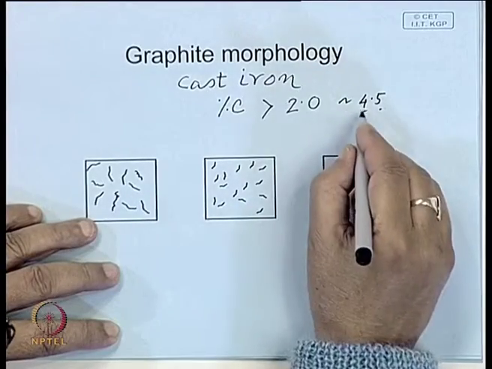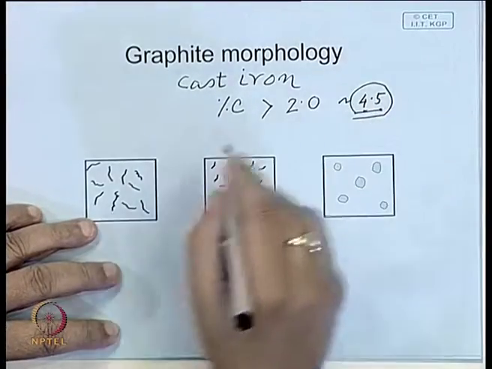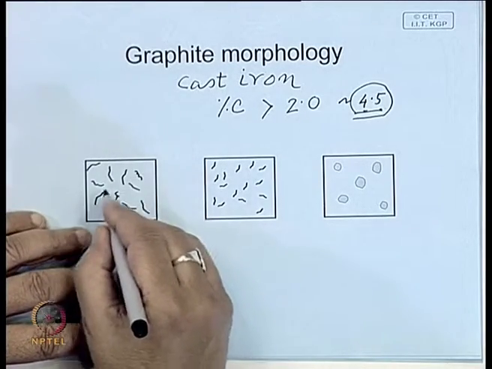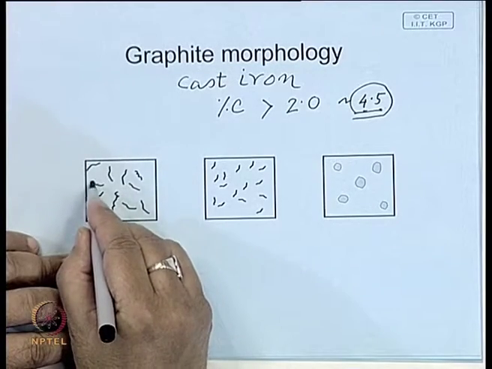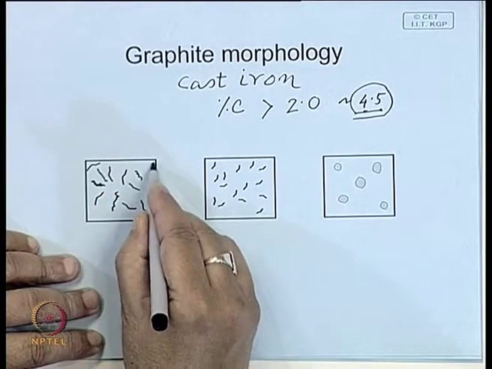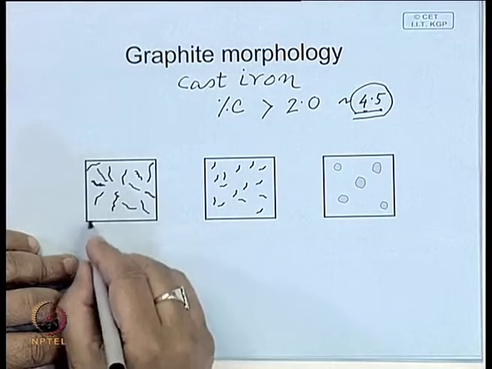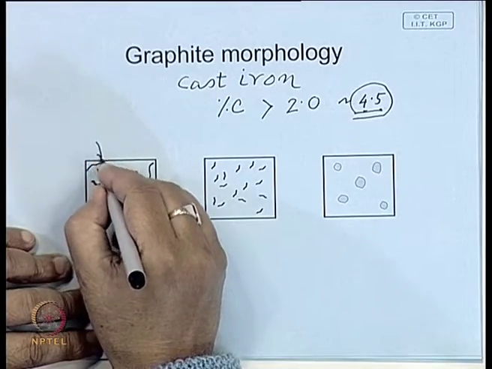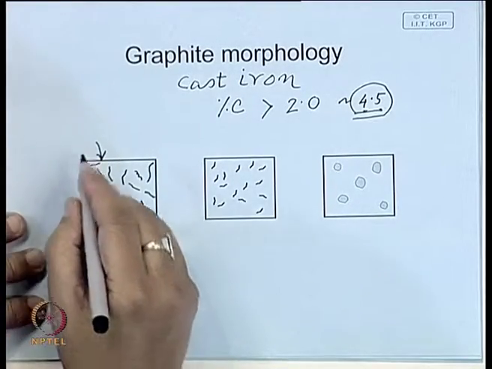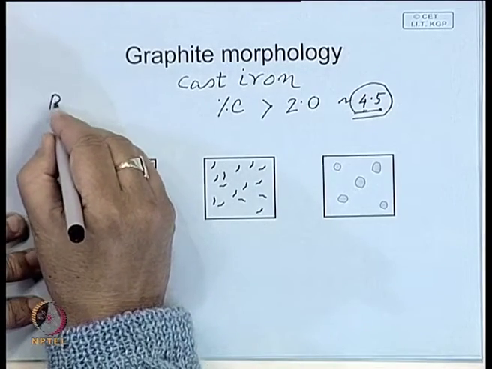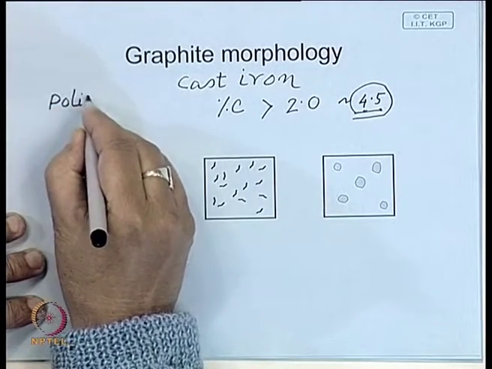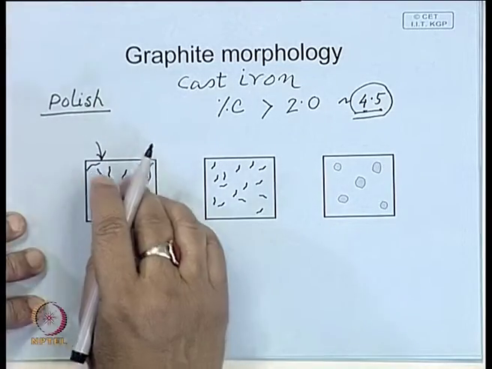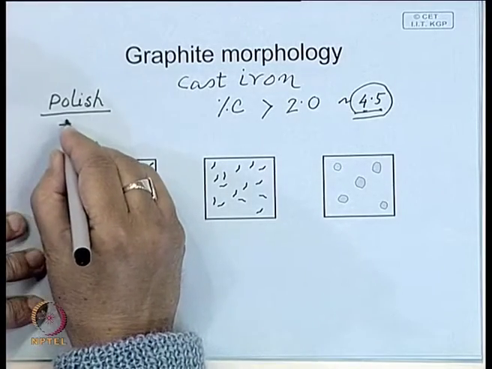In many such cast irons, the cementite breaks down and graphite is present as flakes, flaky graphite, and you can see this only by polishing, you need not etch. Normally to examine a microstructure, you polish the surface, make it scratch free and shining, and then you etch.